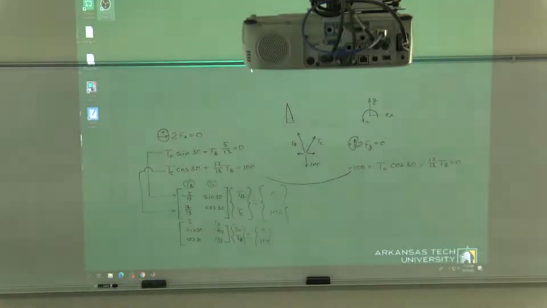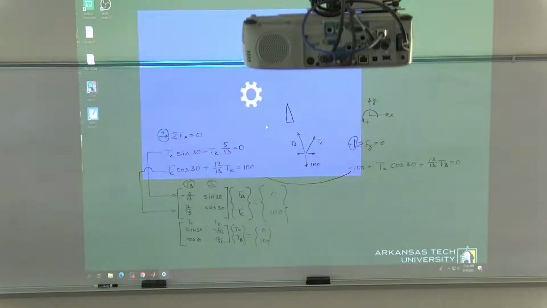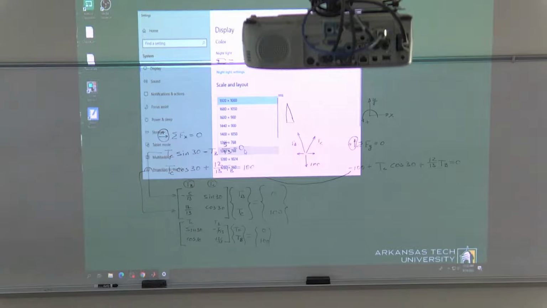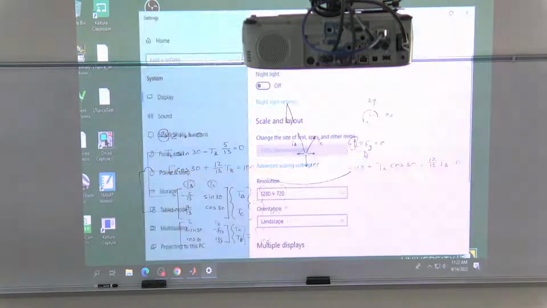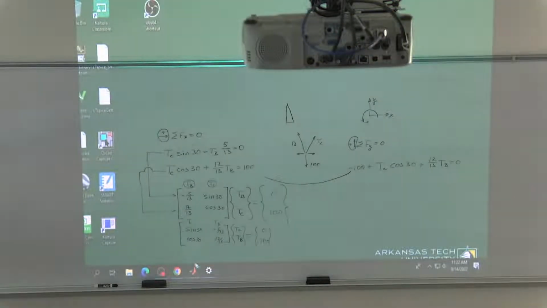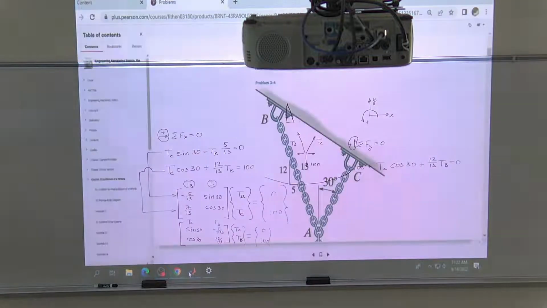I have a question. Yeah. Not to derail you, but, I'm a little confused on how you got your TV. So I understand sine of 30, or TC sine of 30, is how you got your X component.